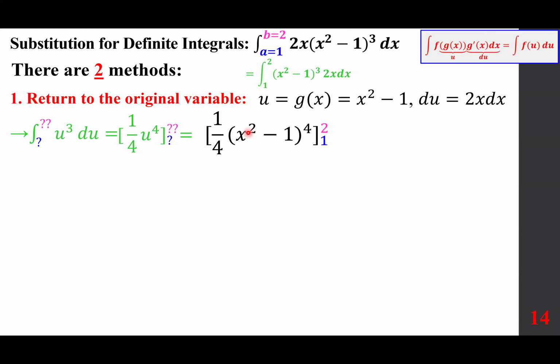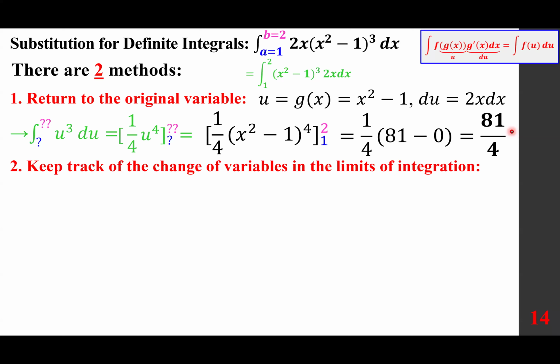If I put 2 here, I get 4 minus 1, 3 to the power of 4 is 81. If I put 1, I get 0. So 1/4 times (81 minus 0) is 81/4. I'm done. So I went back to the original variable, original limits. Everything works out. And normally there is not a huge difference.